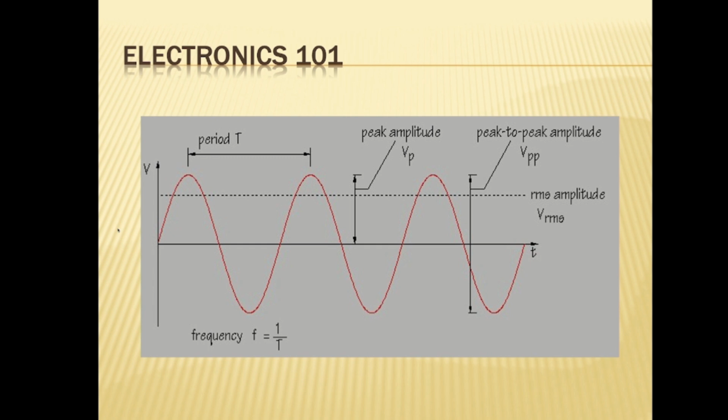However, we can also just do peak, which goes from the center line up to the top, or vice versa, from the center line to the bottom, and measure just the peak. When we use our voltmeter, though, to measure that, what do we generally measure? Most voltmeters are going to measure RMS, or root mean square, this thing right here, which is the equivalent value if that were a DC signal heating an element.